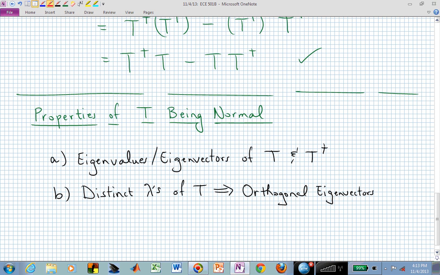And then, if we do have a normal operator T with distinct eigenvalues, then the eigenvectors associated with those distinct eigenvalues will be orthogonal eigenvectors. We're not saying that all of the eigenvalues of T are distinct, but of the distinct eigenvalues, they will have corresponding eigenvectors. Those eigenvectors are orthogonal.